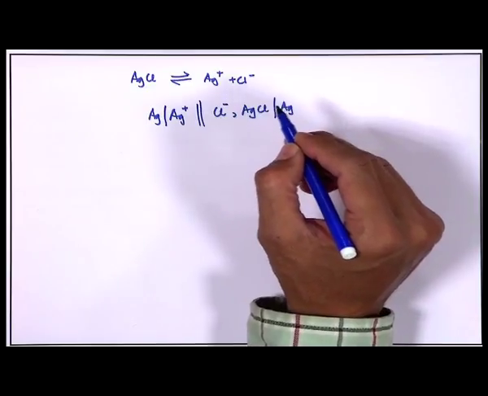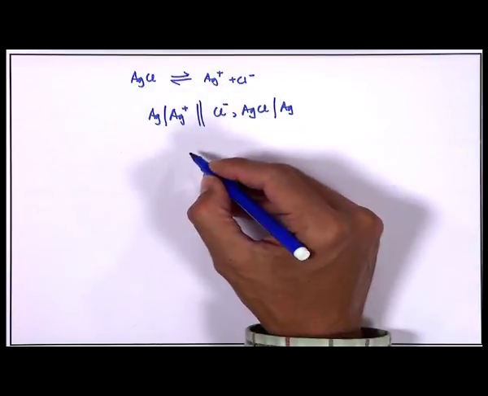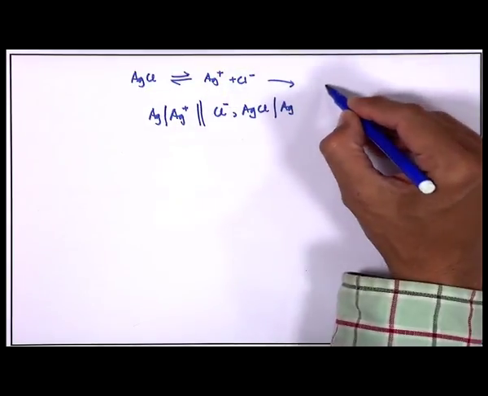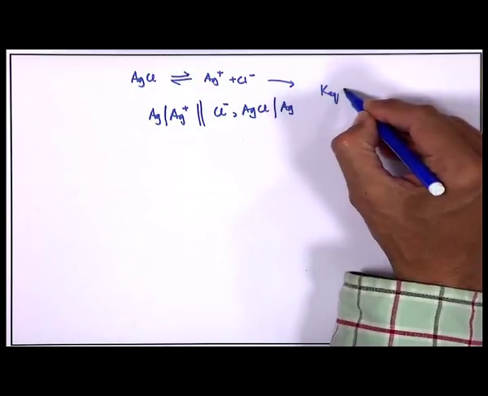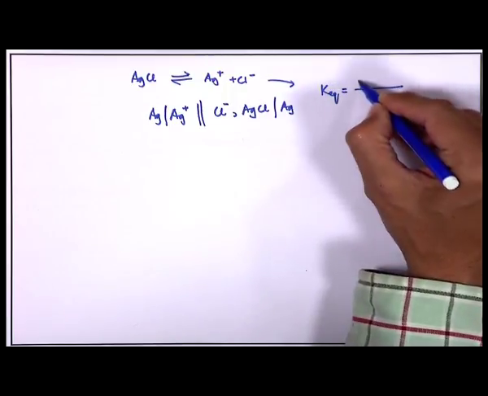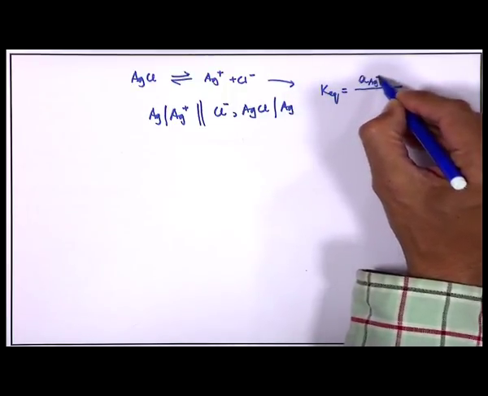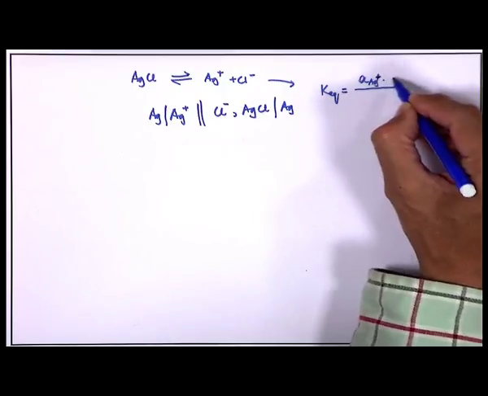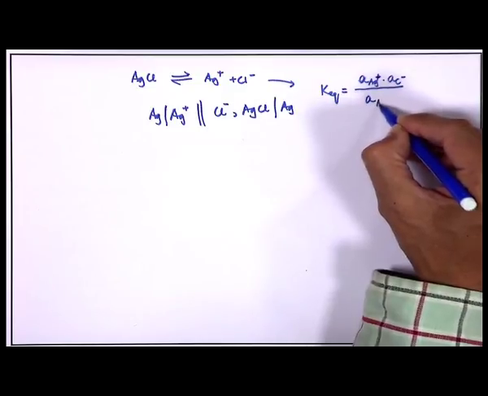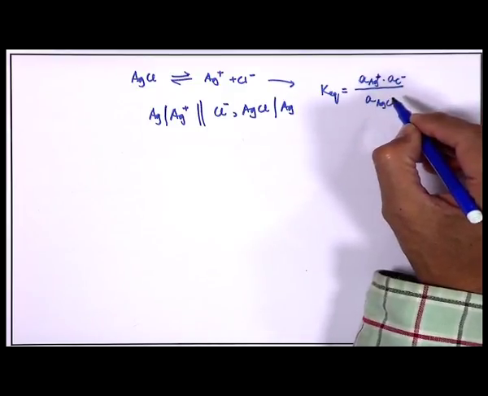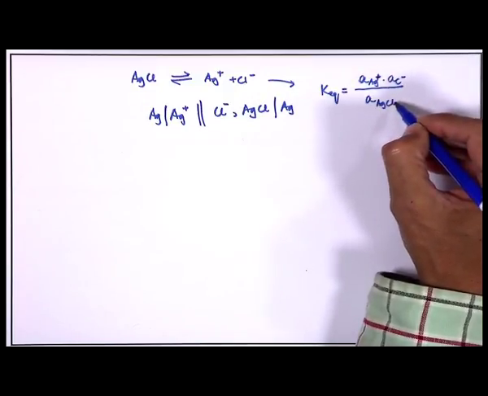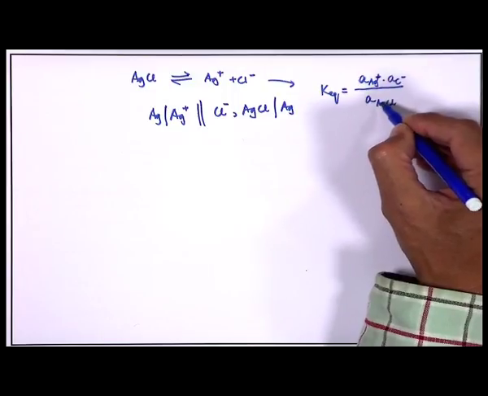Therefore, the equilibrium constant for this process is K equilibrium equal to, in terms of activity, the activity of Ag plus times the activity of Cl minus divided by the activity of AgCl. Since this is a solid, for all practical purposes you can replace its activity with unity.